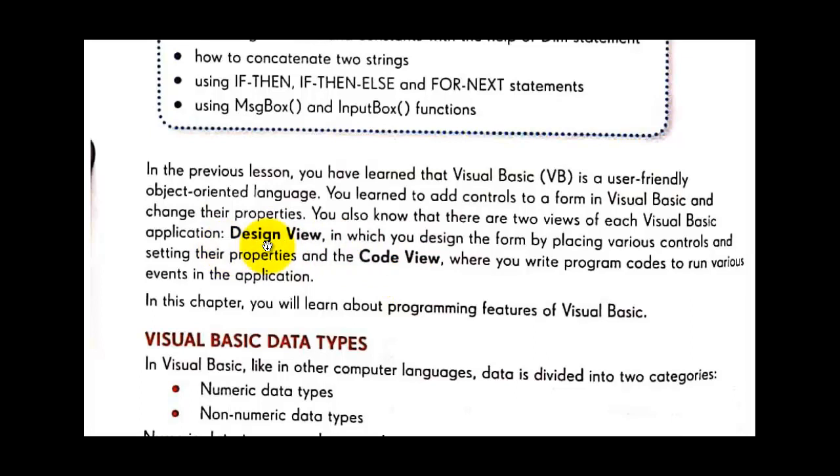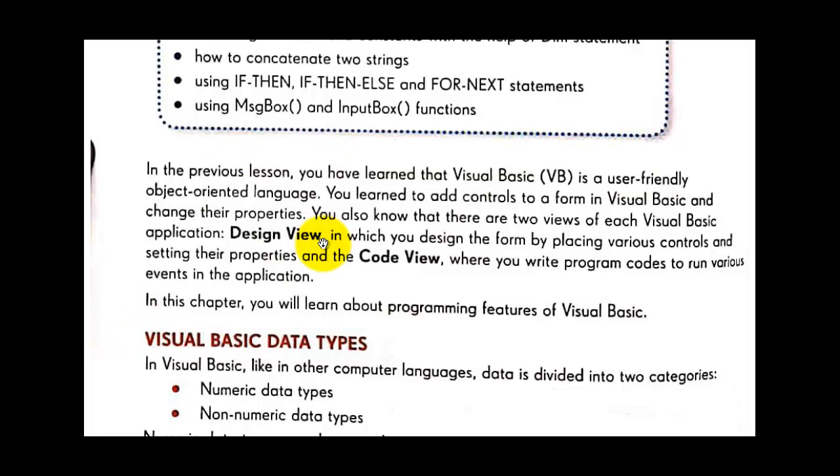In the design view you design the form by placing various controls and setting their properties, and in the code view you write program code to run various events in the application.